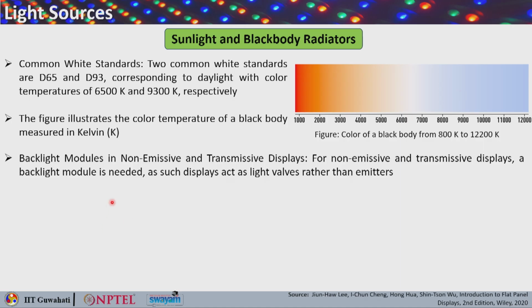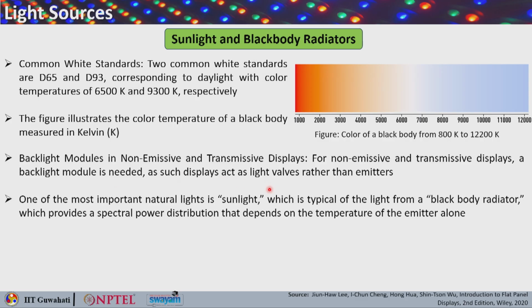Now, the backlight modules in any non-emissive or transmissive displays. You know that non-emissive displays do not emit on their own, so any transmissive display should have some backlighting module. There you require light valves to first generate the light.